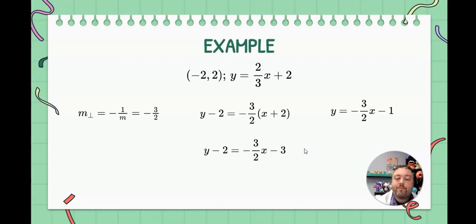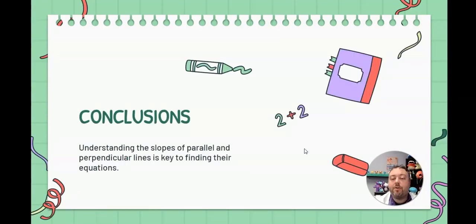So, in this video, I showed you how to find slopes for perpendicular and parallel lines. I showed you two different methods, one using slope-intercept form and one using point-slope form, to find that parallel or perpendicular line.